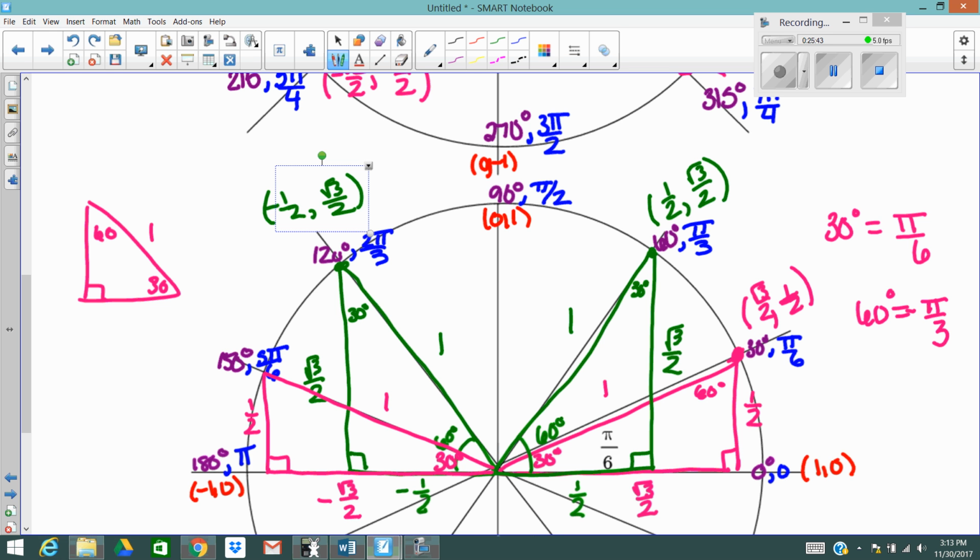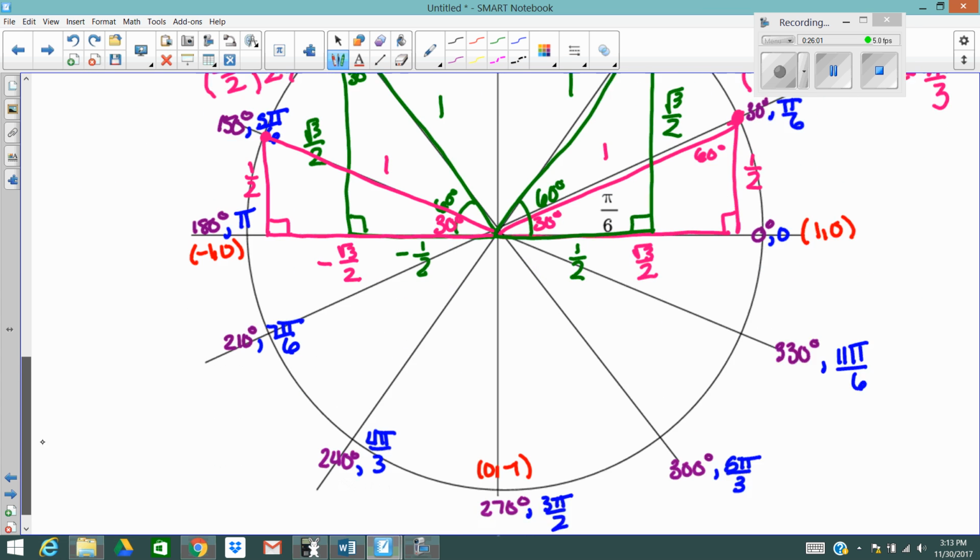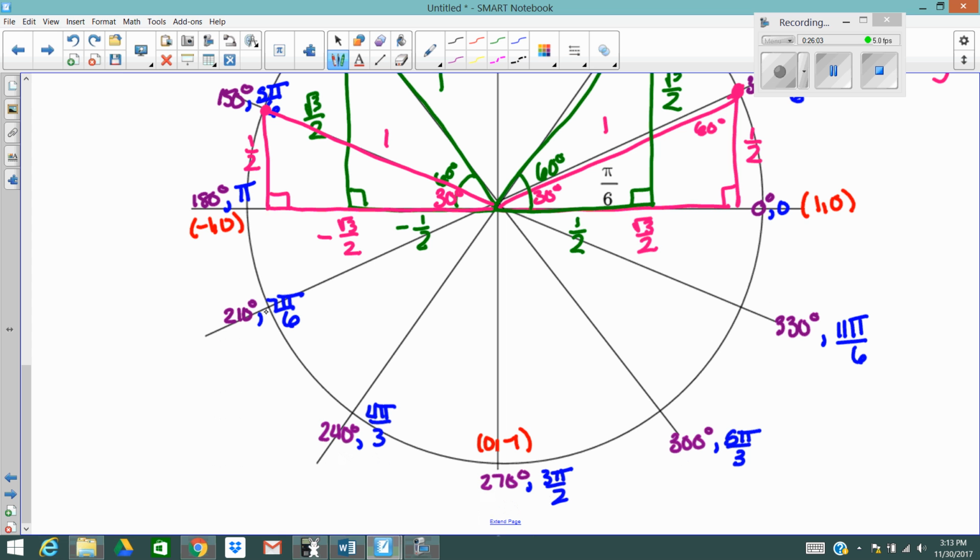Negative, because I went left on the x-axis, but positive 1/2 because I went up on the y-axis. So my coordinates: cosine, negative square root of 3 over 2, and my sine is positive 1/2. So I can keep going with my reference angle of 30 degrees.